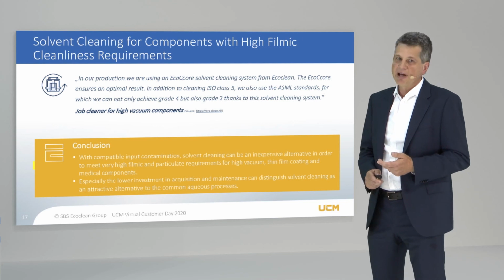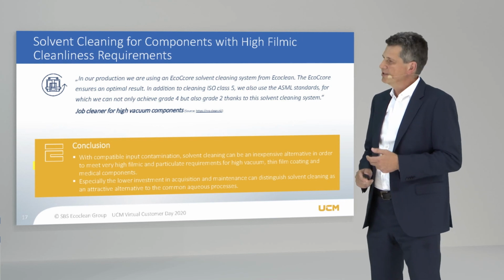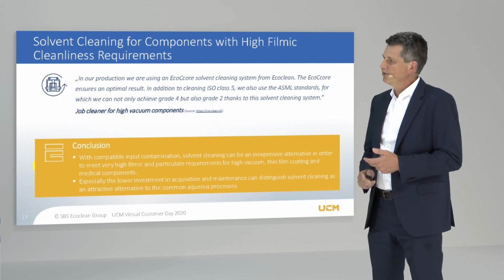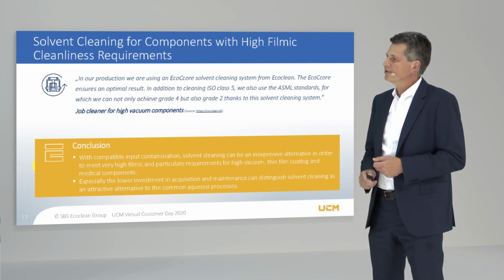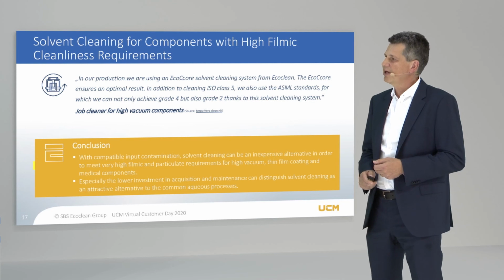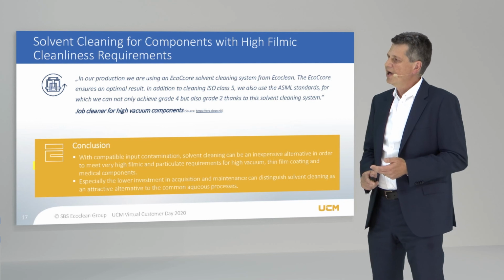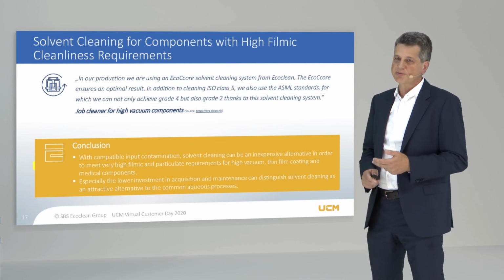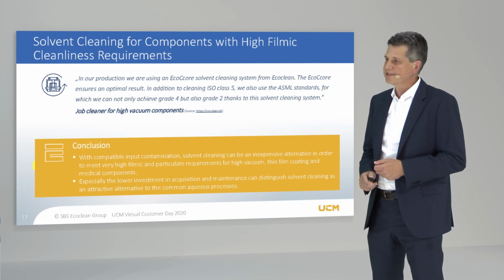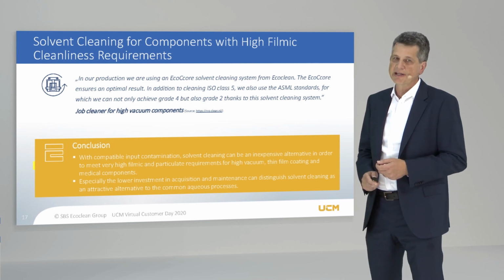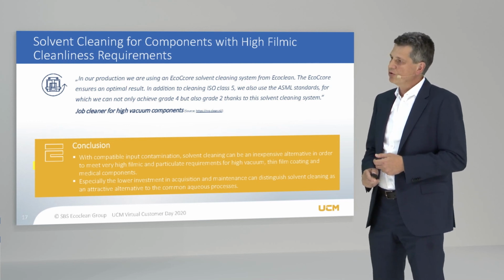And he cleans high vacuum components, and the result did exceed the expectations. He doesn't only reach grade 4, but grade 2 cleanliness requirements from ASML standards. And grade 2 are the most stringent filmic requirements actually out there in the high vacuum industry.